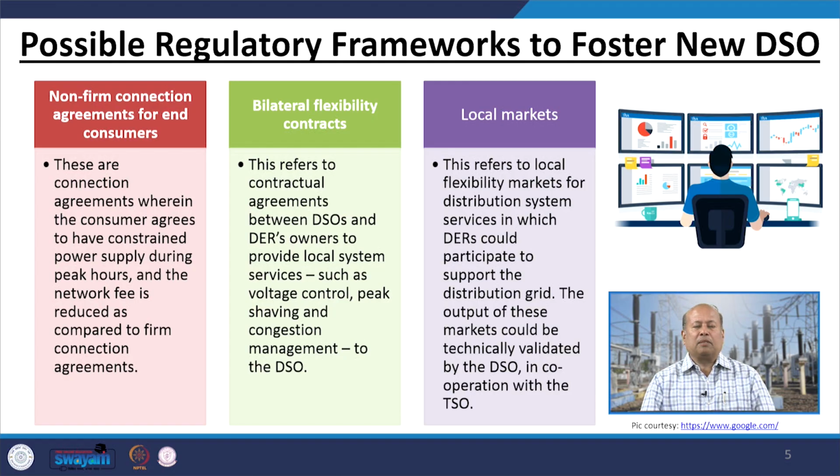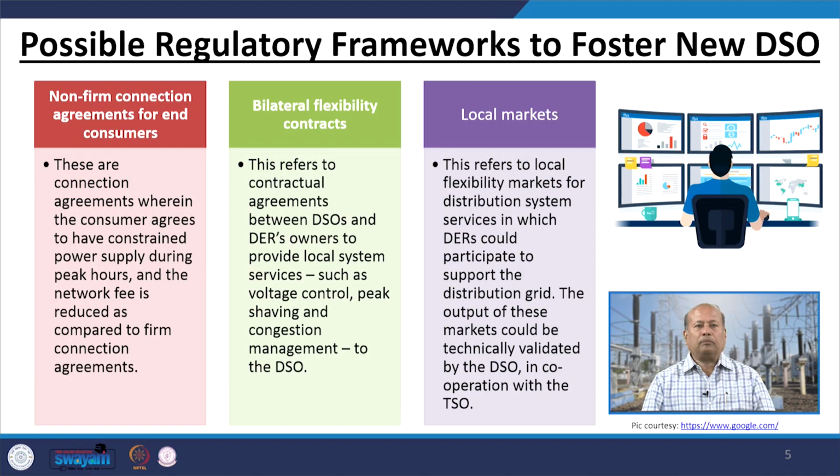So probably let's imagine I have some rooftop PV with me, and I may sign an agreement with my DSO saying that as and when there is a peak energy requirement, I am ready to cooperate. That means my PV generation may be utilized by the distribution system. So I allow that kind of freedom to my DSO to take my energy as and when required.